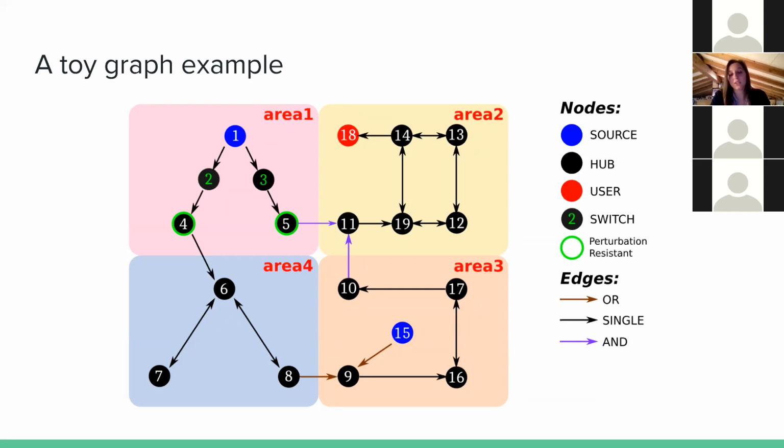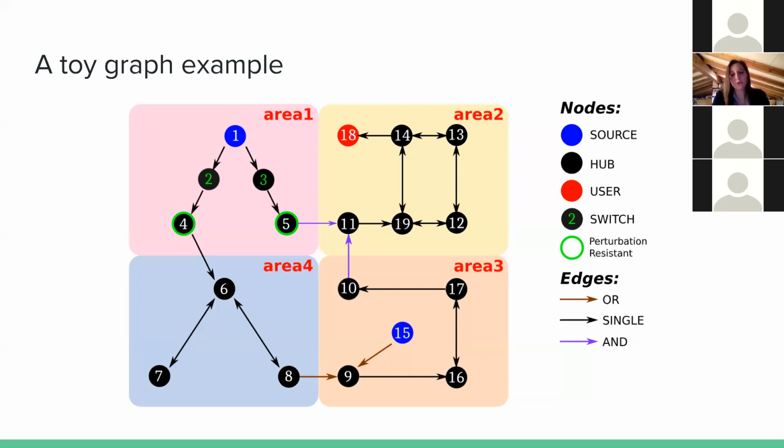And last but not least, the edges. So the edges are fundamental because they tell you what the logic relationships between the nodes are and how everything propagates in the graph. Now you can have or, and, and single edges. You always call a father a node which has an incoming edge from it to you.